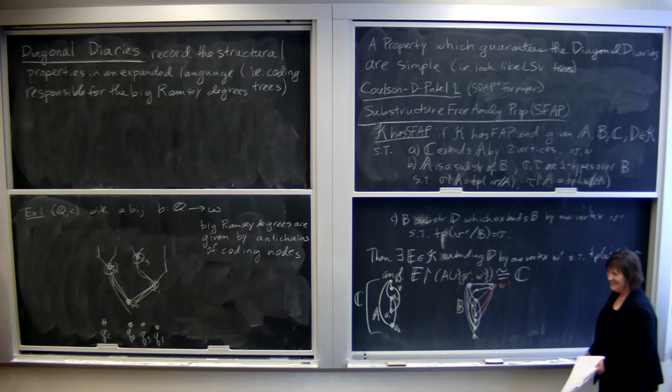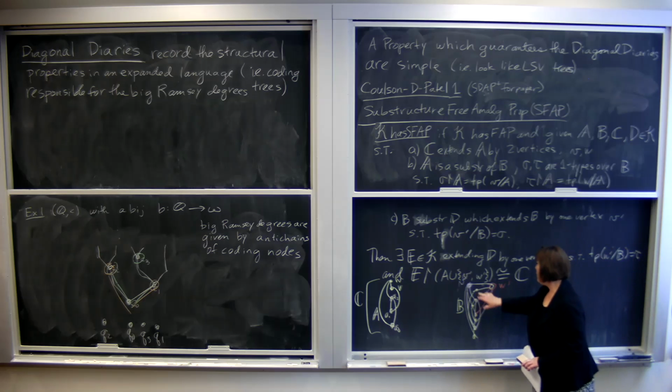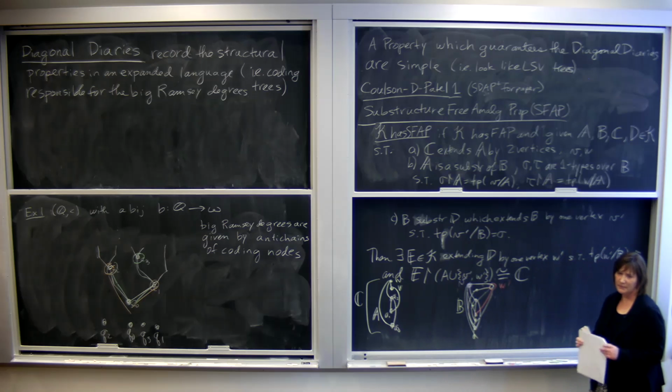Yes. And also, these purple edges could be responsible for making a triangle. That's right. Yeah, it's what could go wrong between what you want these to do over A to get a copy of C versus what you have pre-required them to do over B.